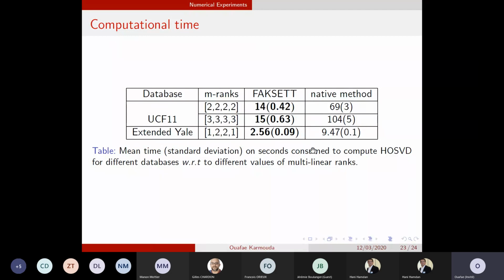And this is just in the case of tensors of order Q equal to 4, so if we have tensors of higher order, the time gain will be more noticeable.